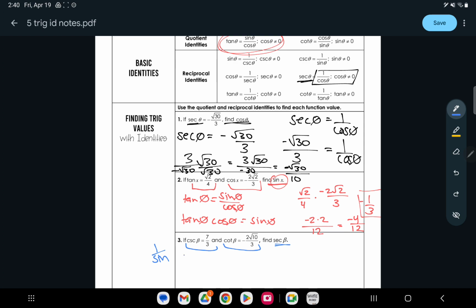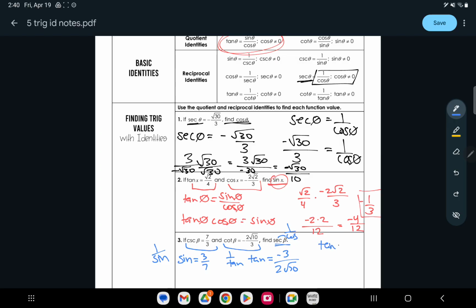So sine is 3 over 7. Cotangent is 1 over tangent. So tangent is negative 3 over 2 root 10. Secant is 1 over cosine. So let me just find cosine.